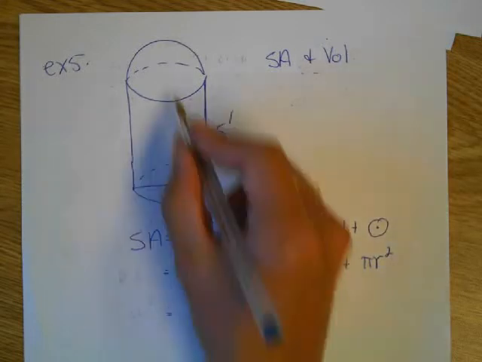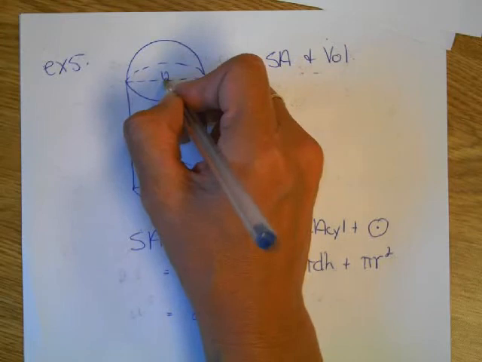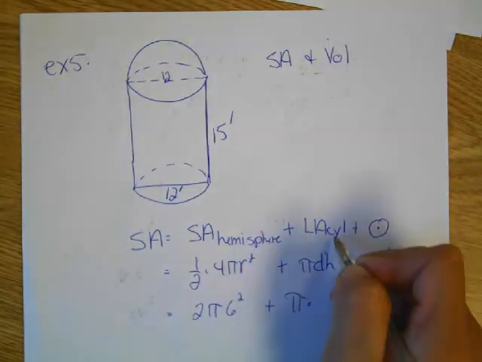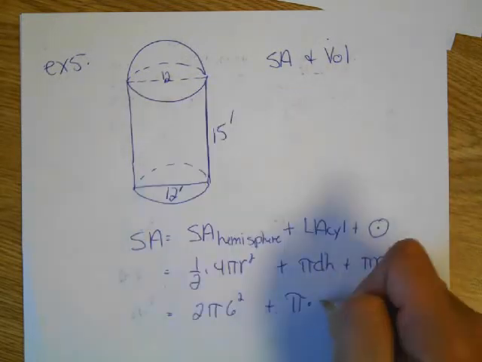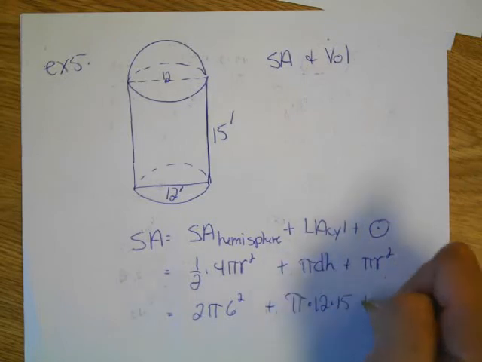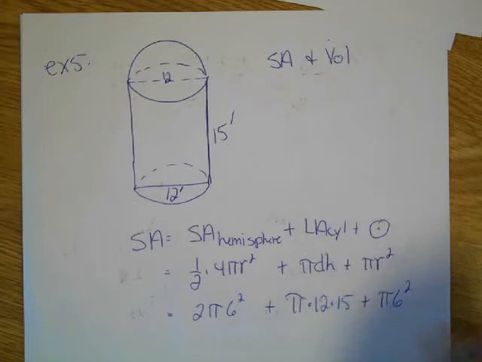The radius of this hemisphere, because the diameter is 12 down there, 12 up here, radius is going to be 6. Pi times the diameter, which is 12. The height of the cylinder is 15. And now we're looking at the circle on the bottom. Pi times 6 squared.